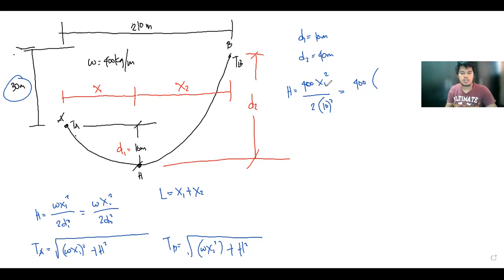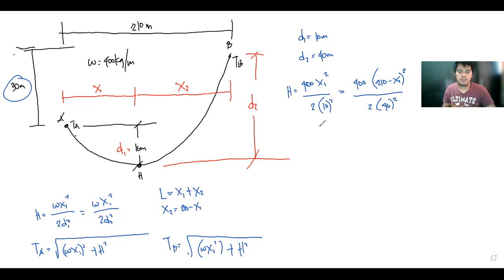We must represent x2 in terms of x1. So x2 can be calculated as 210 minus x1. So that's 210 minus x1 square divided by 2 times 40 square. So that makes x1 the unknown value.